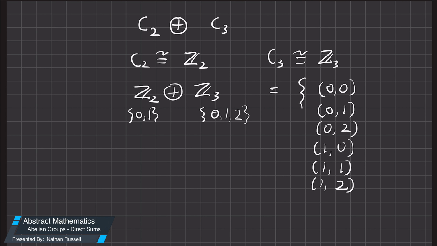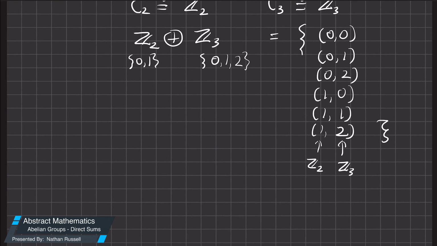Now here's what I want you guys to see. This is essentially all combinations of elements from Z2 as the first coordinate, and then notice that on the second coordinate, these are all the combinations that are coming from Z3. So every possible combination from Z2 as the first coordinate and Z3 as the second coordinate are present.